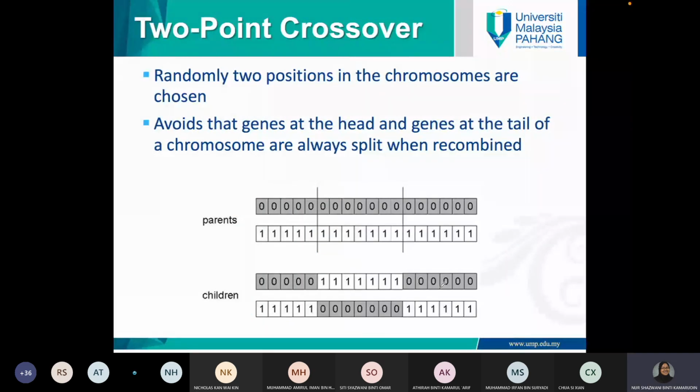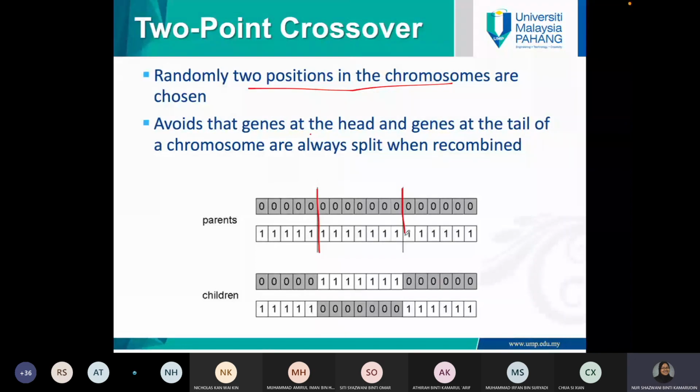This one is 2-point crossover. In 2-point crossover, you randomly choose two positions in the chromosomes. We avoid the genes at the head and the genes at the tail of the chromosome. So we select 2 points to do the crossover.